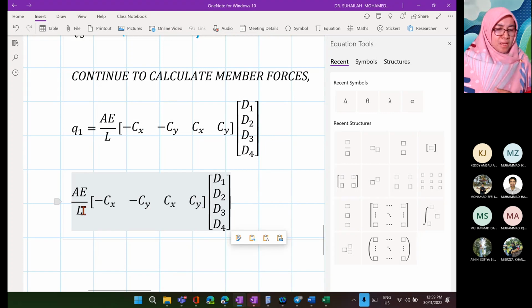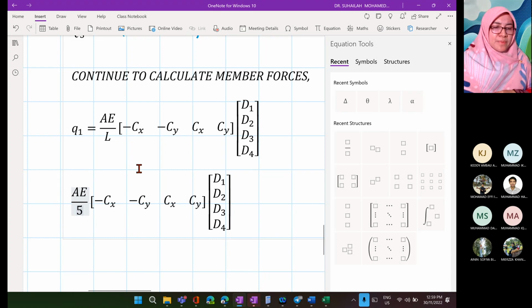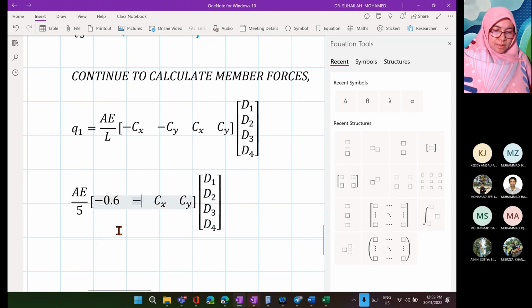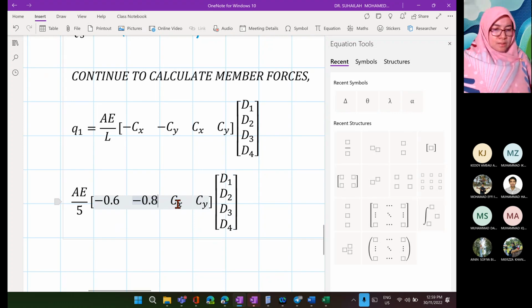We have AE, we have L for element number 1 is 5, CX and CY are 0.6 and 0.8. This one is negative 0.6 and this one is negative 0.8. So this is 0.6, 0.8.